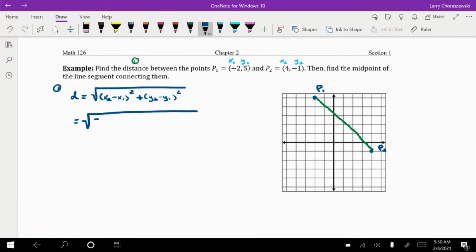So I'm going to actually change up and use brackets, because when I do x2 minus x1, I'll have to use some parentheses. It's 4 minus -2 quantity squared plus -1 minus 5 quantity squared.